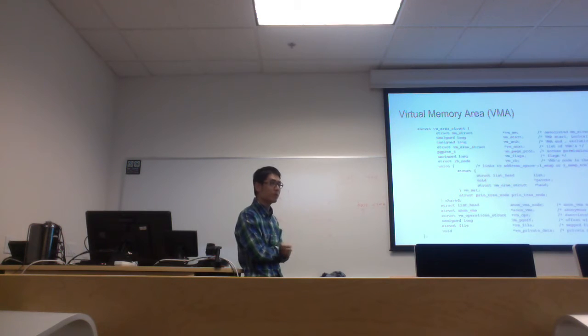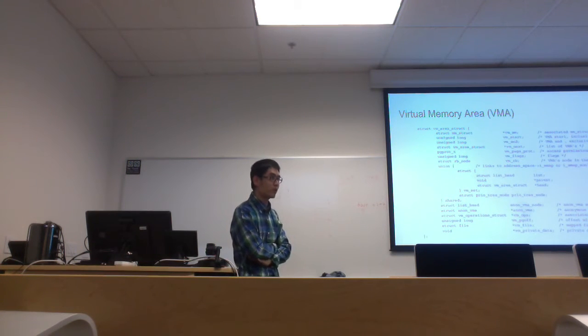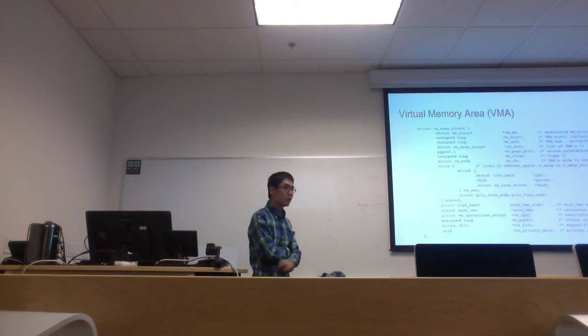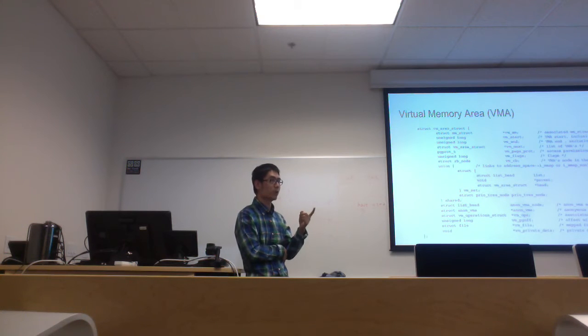How can you deny read or write? This requires hardware assistance. There are 2 bits in the page table entries: 1 bit for read-write permission, and another bit for execution permission nowadays, usually not present in old processors.